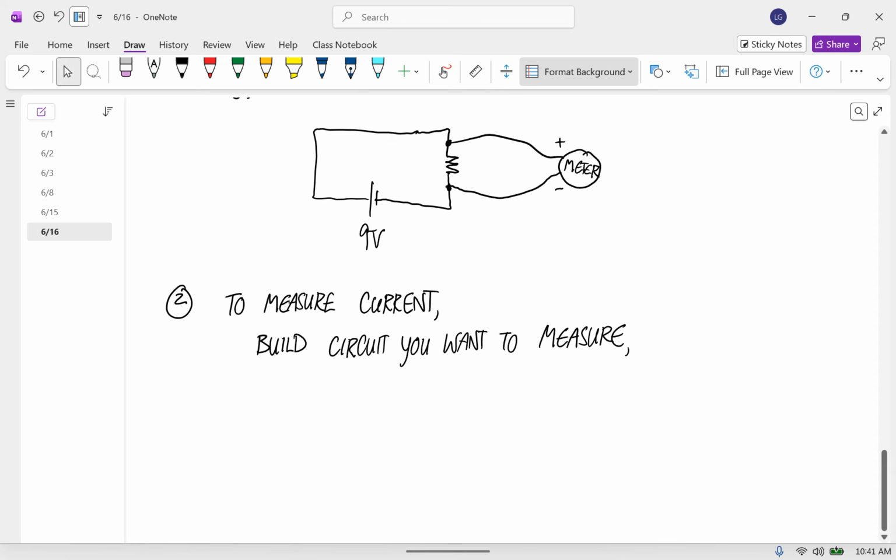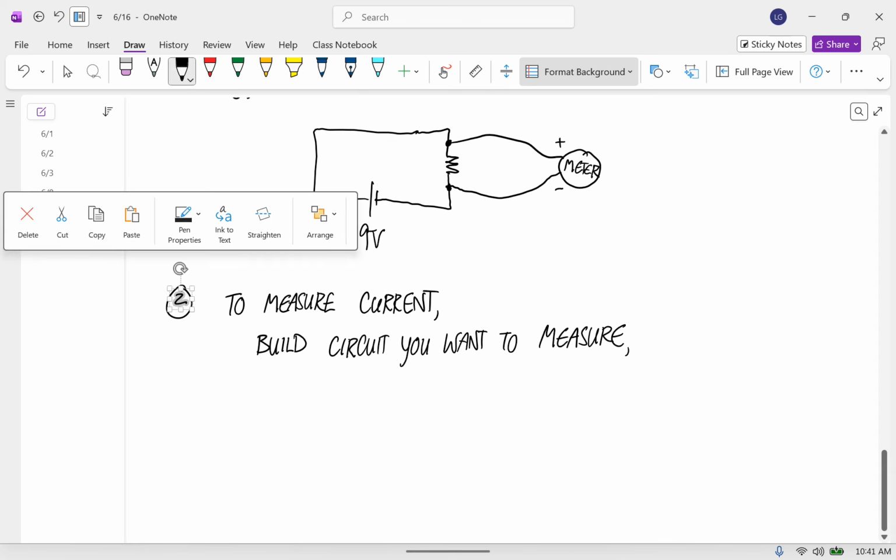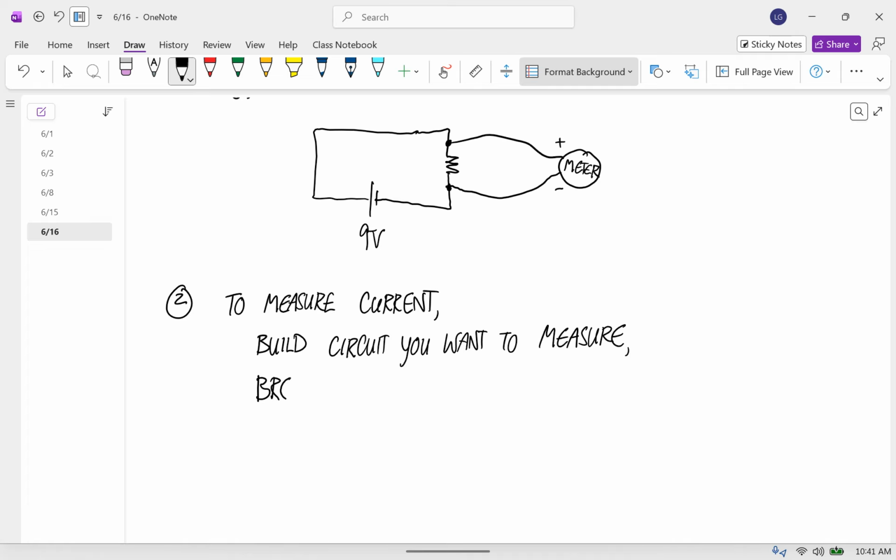Then once you've made that circuit, make a break in that circuit.